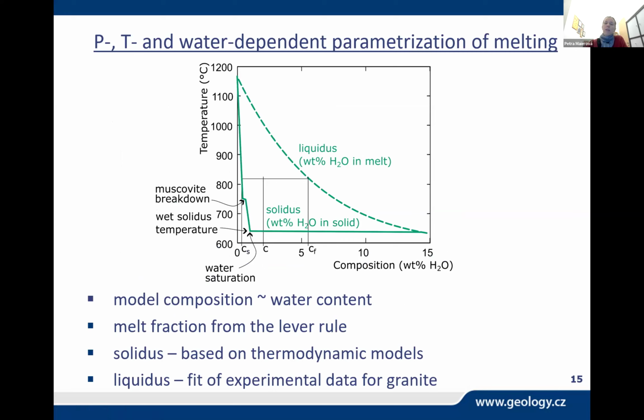So now, because this already has some physical meaning, we can define the liquidus based on experiments, for example, and the solidus based on thermodynamic models, and then just simply calculate the melt fraction using the lever rule again. This is still a very simple parametrization, and it's easy to implement, but it gives us a much better estimate of melt fractions.